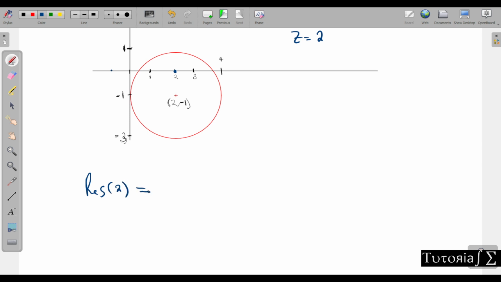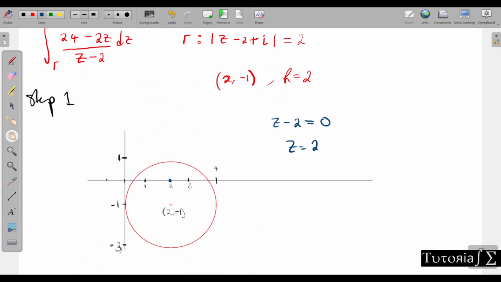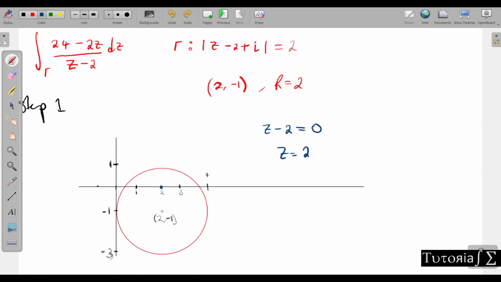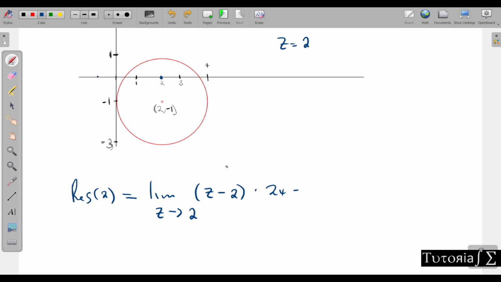To find the residue at 2, we take the limit as z approaches 2 of z minus 2, multiplied by the entire function inside the integral, which is (24 minus 2z) all over (z minus 2).